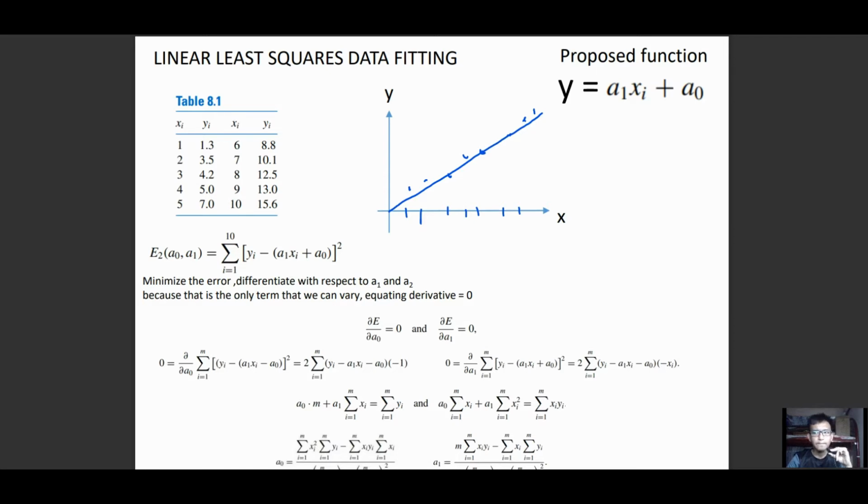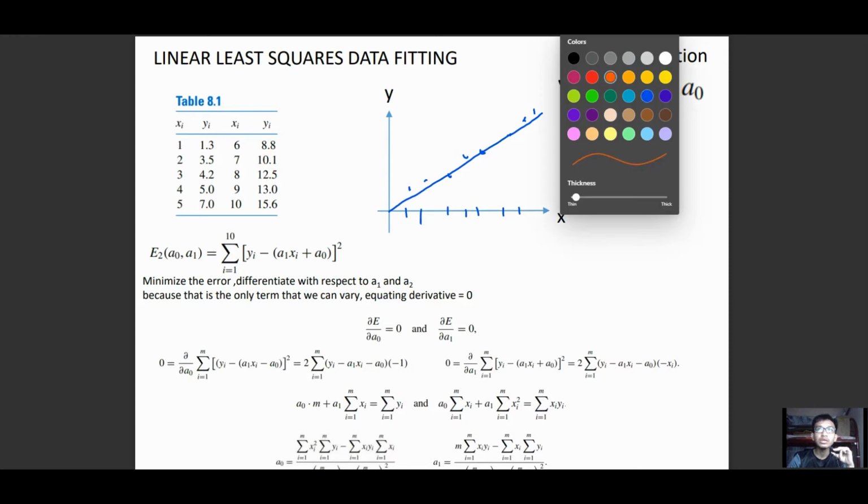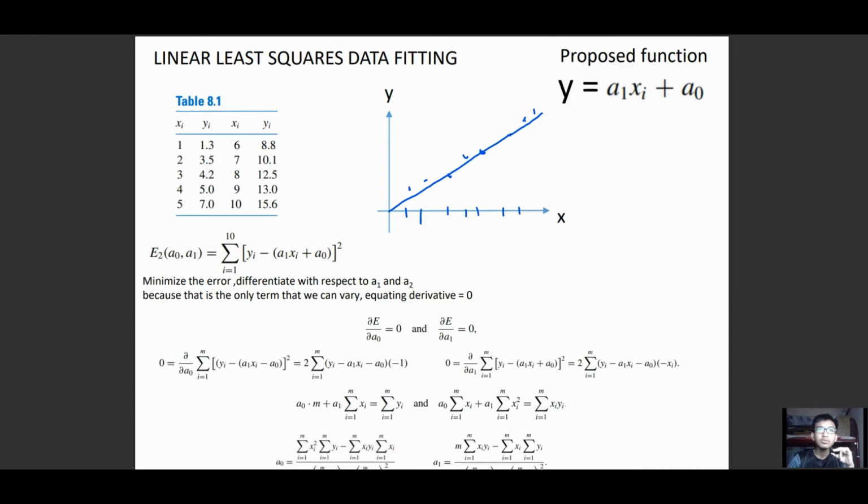For this one, we want to minimize the error. Error here means, from this point to our line here, what is the difference? And from this, what is the difference from here?